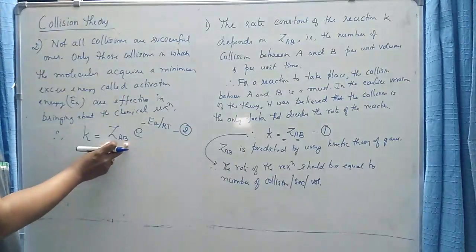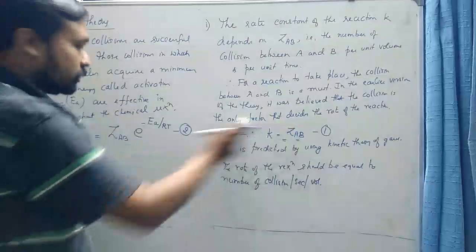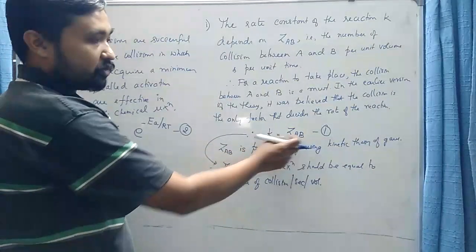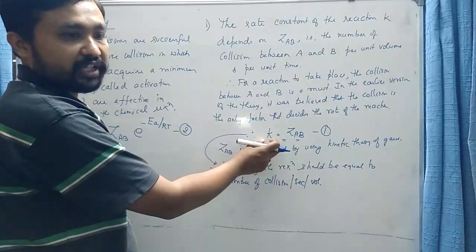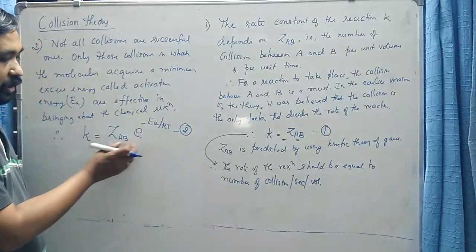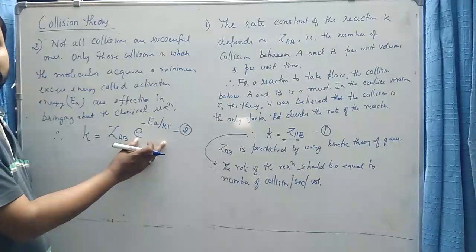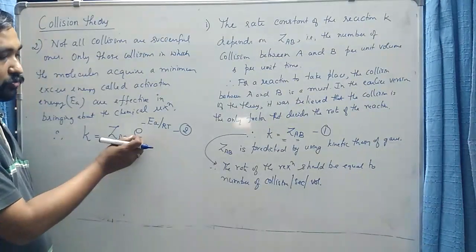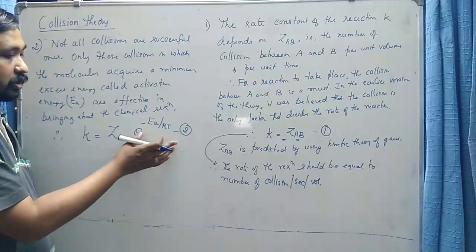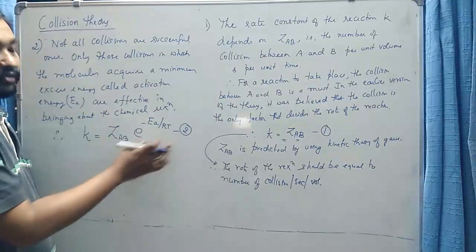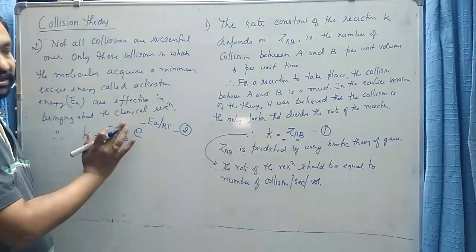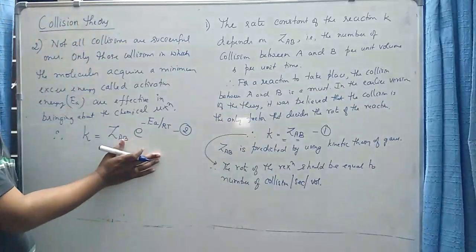So this value is very high. As I already told you, ZAB is very high, and since ZAB is very high, in equation 1 the rate constant K is also very high, abnormally high than the experimental value. But multiplication of this ZAB by this number, which is very small because you have exponential to the power minus term, makes the overall value much less.